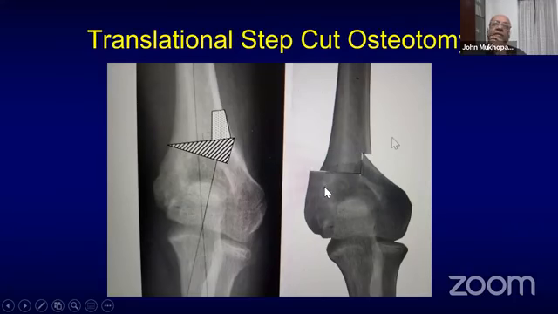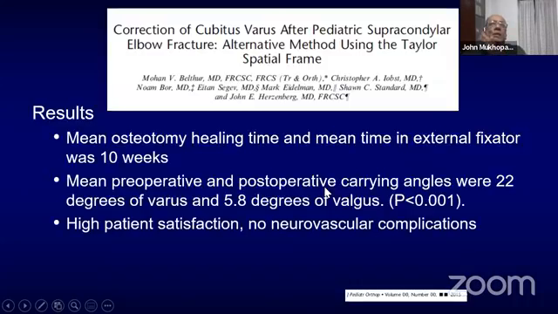Plus, you can do rotatory correction at the same time. Okay. Now, I talked about the distraction osteogenesis. You can do it with the Ilizarov fixator, or if you really want to be very accurate, you can use the Taylor spatial frame, which can exactly dial in the correction that you want, and the software will allow you to correct to the correct extent.